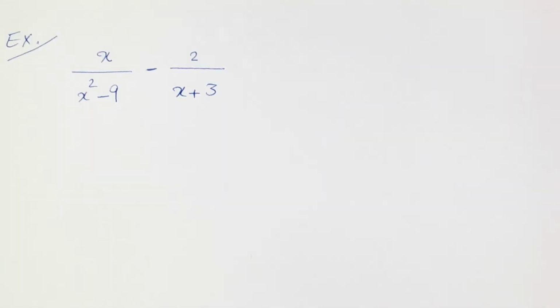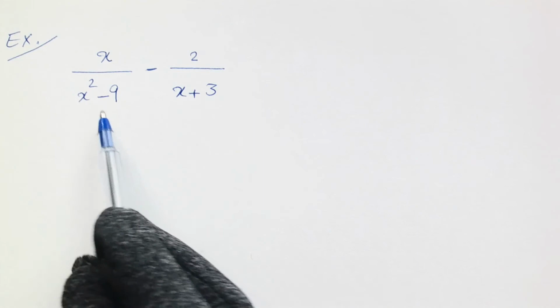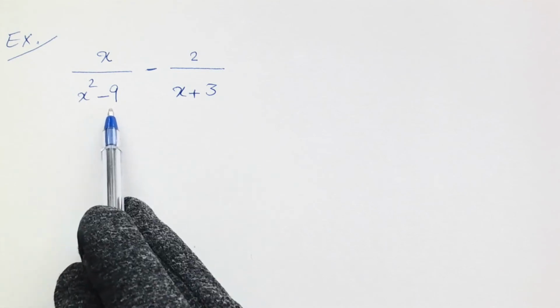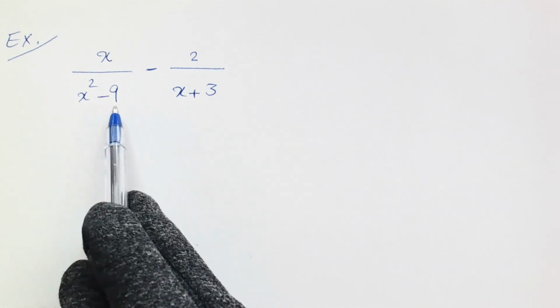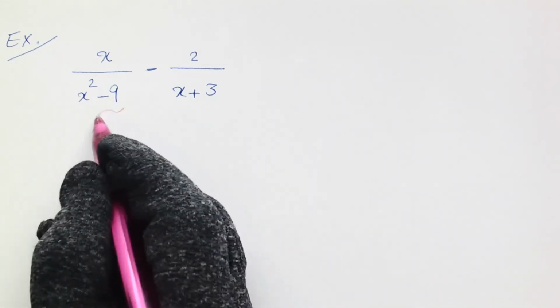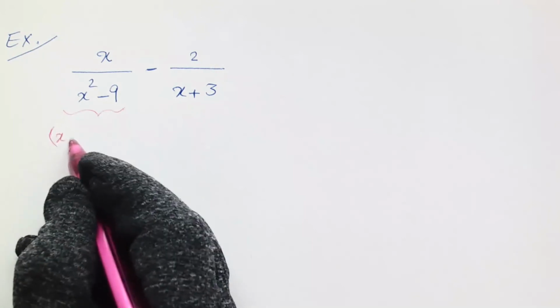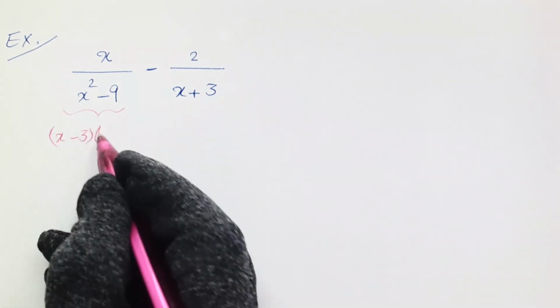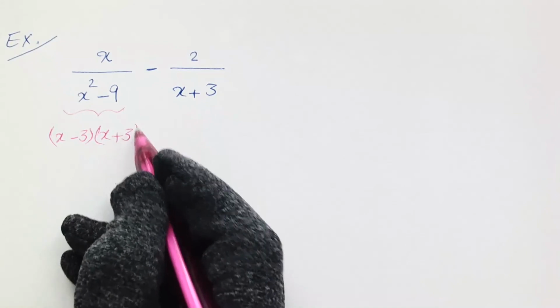Now look at this example. We have subtraction between these two rational expressions, but denominators are not the same. If denominators are not the same, we need to use the least common denominator. First, if I can factor denominators, I need to do that. x squared minus 9, you can write it as x minus 3 times x plus 3.